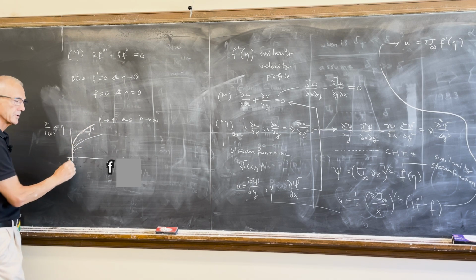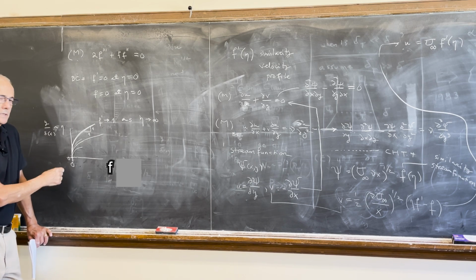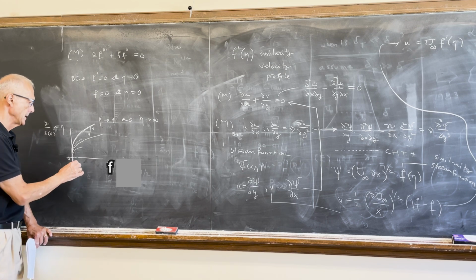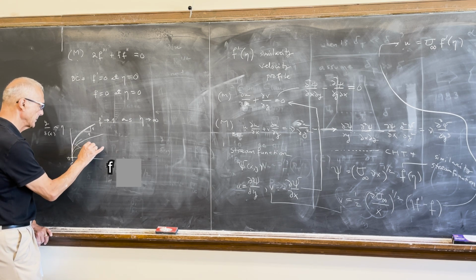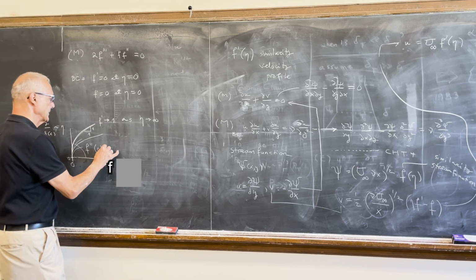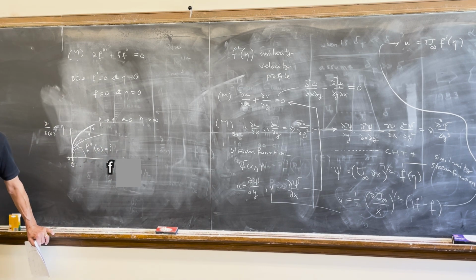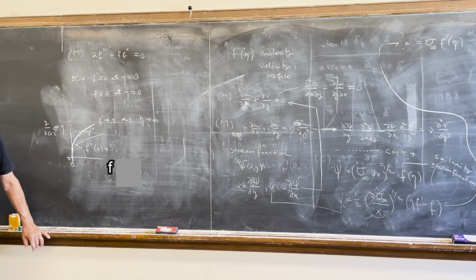In other words, what was unknown, if you start from 0 and 0, was the curvature of the curve at the origin. So that curvature at the origin is known as f double prime at eta equals 0. This was something that the problem solver had to guess and guess again, so that the curve far away would end up with a slope of 1.